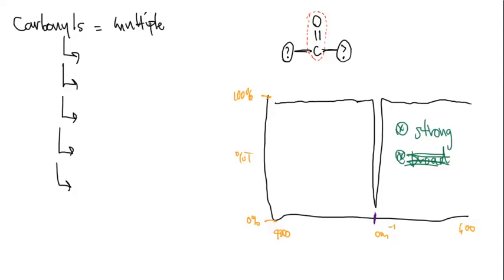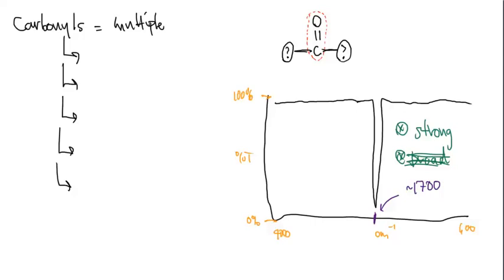Well, for carbonyls, this number typically happens at 1700. That's typically the number I tell you every single time to look for. At 1700, this is the carbonyl peak. Do you see a shift that happens at 1700? That's what I'm referring to with carbonyls.